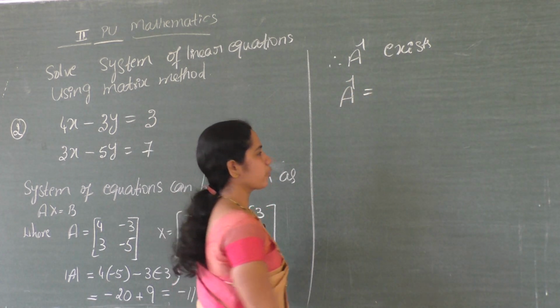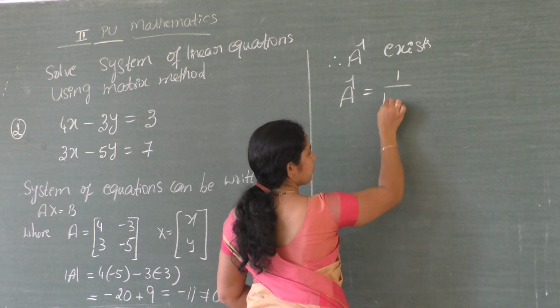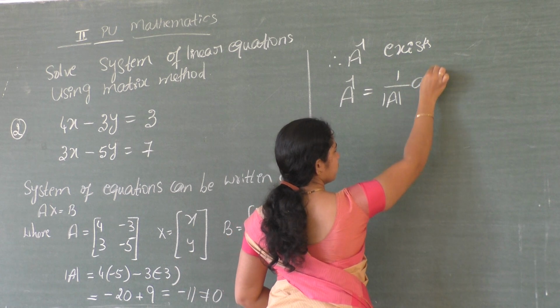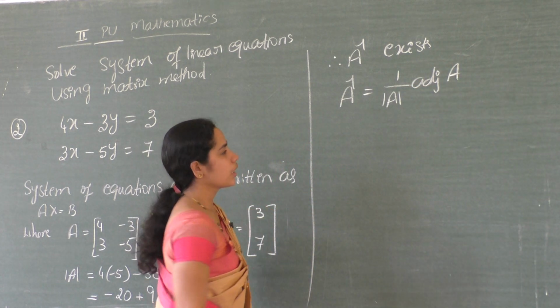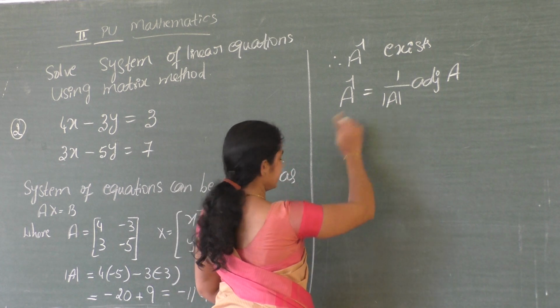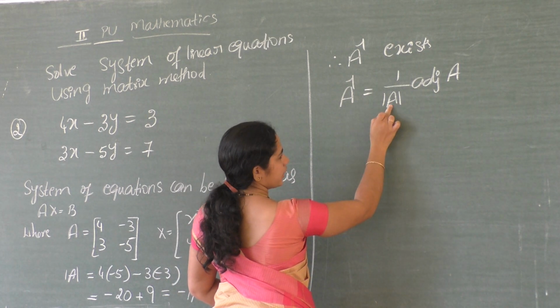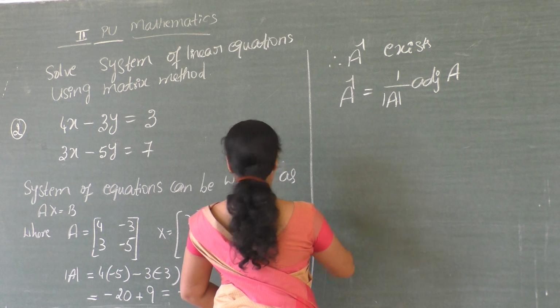A inverse equals 1 by determinant of A into adjoint of A. Determinant of A is already there, that is -11.